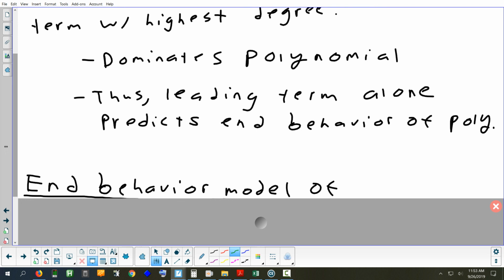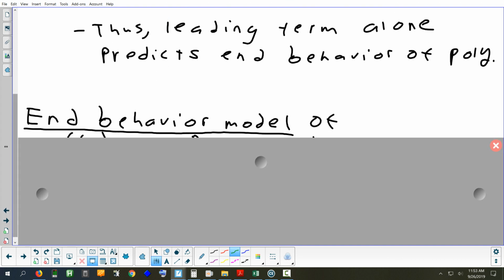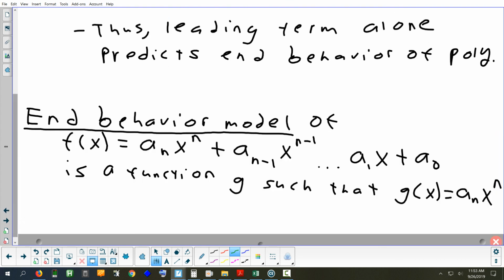The last thing we can do, knowing this, is that they may give you a really complicated polynomial and ask you to write what's called an EBM, end behavior model. To write an end behavior model of some really long polynomial, the only thing that matters is the leading term, what I just put a box around. That would be the end behavior model for f of x. That's all you write down for the EBM.